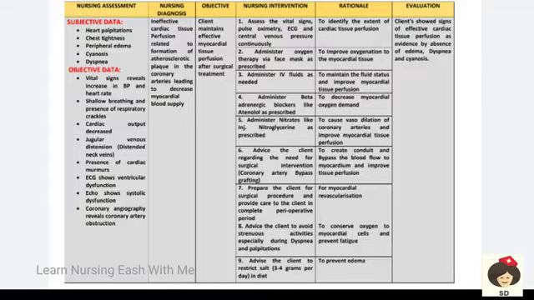Okay, and next is ineffective cardiac tissue perfusion related to formation of atherosclerotic plaque in the coronary arteries, leading to decreased myocardial blood supply. So when the coronary arteries are obstructed, they are not able to carry the blood supply, so the myocardium will not receive enough blood supply and oxygen, so there is a problem in cardiac tissue perfusion.